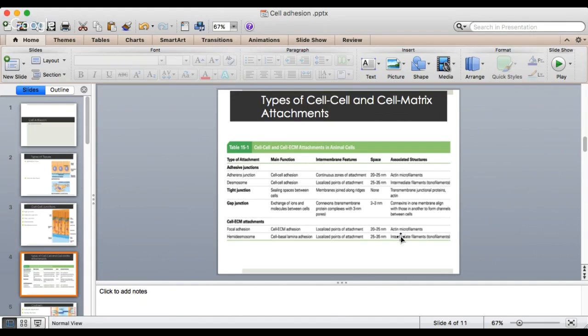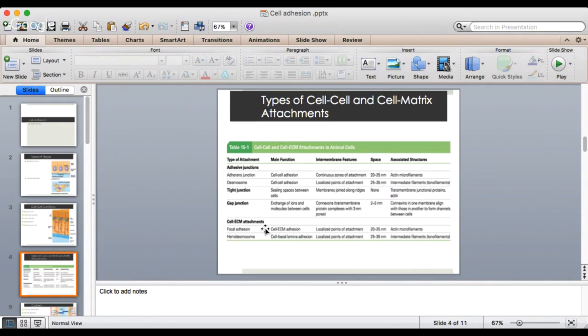Now, this is a table showing the types of cell-to-cell and cell-matrix attachments. For the cell-to-cell adhesions, I talked about them in my previous slides, such as gap junctions, tight junctions, adherens junctions, and so on. However, one that I haven't focused on yet is focal adhesion.